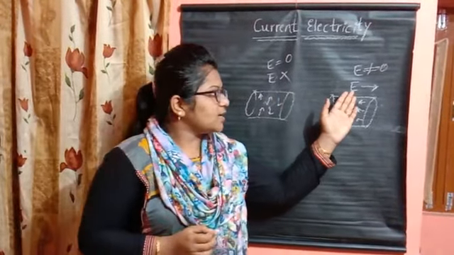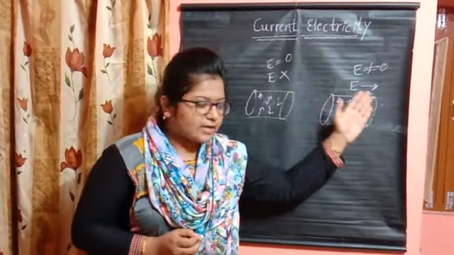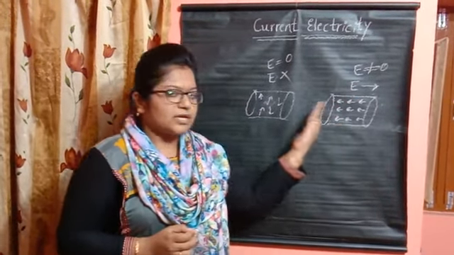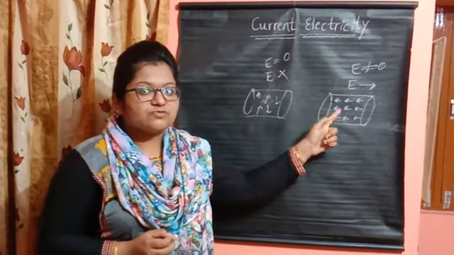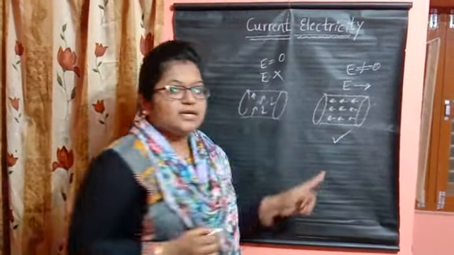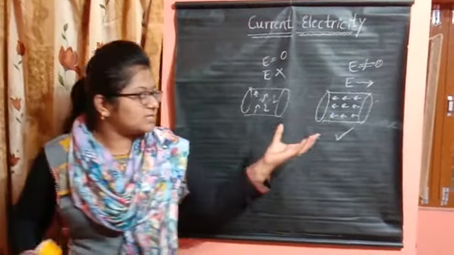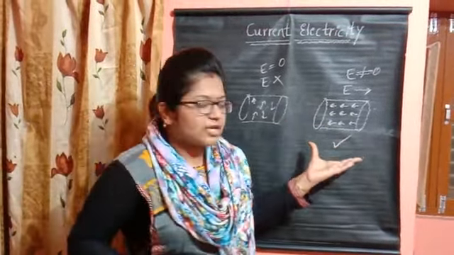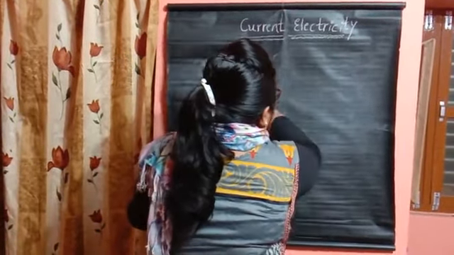Here the electric field is in this direction, and corresponding to that the electrons move in the opposite direction. So these free electrons will generate an electric current in the conductor. We discussed these things in the last class. This is the phenomenon which takes place when current electricity is generated in a particular conductor.